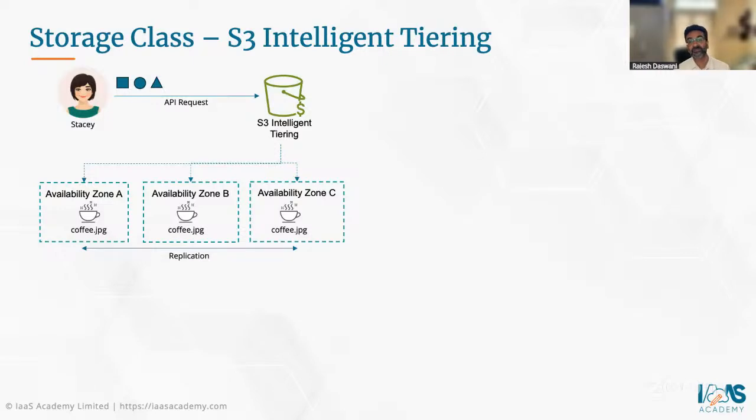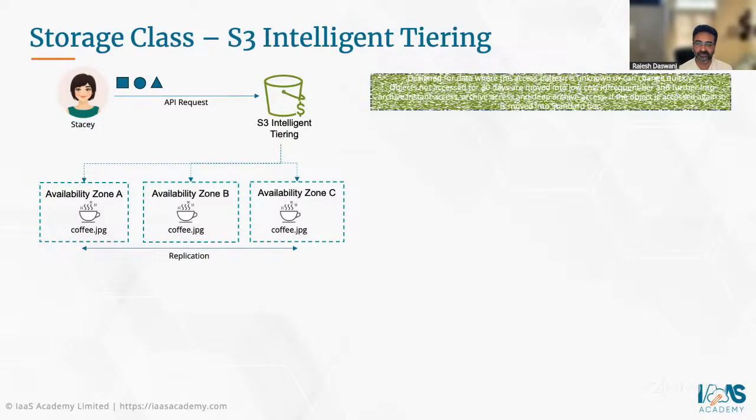Then we have Intelligent-Tiering. Now, Intelligent-Tiering is interesting. It is designed for data where the access pattern is unknown. So you don't know whether your colleagues are going to be accessing the data next week or maybe after 3 months. And then if they access it next week, suddenly they'll need access to it again after another couple of days. So that access pattern is really unknown.